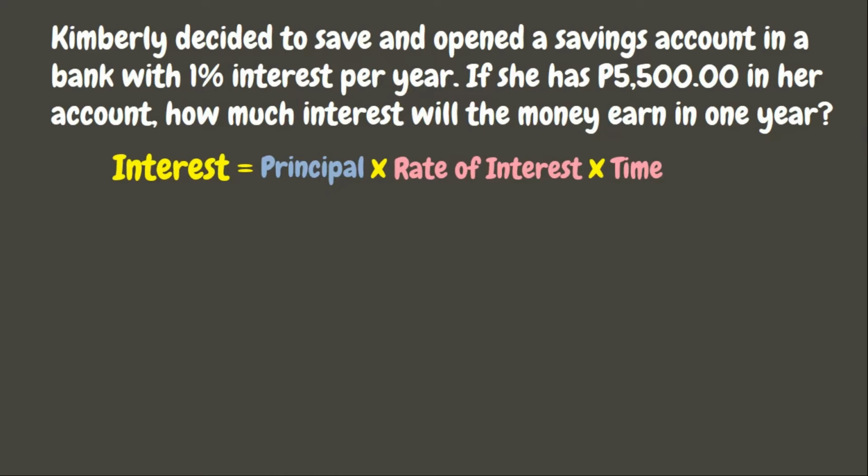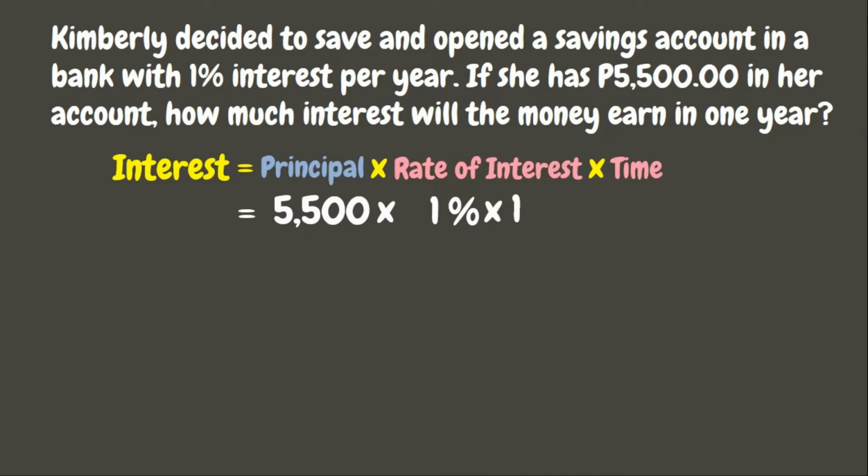Here, the total amount invested or saved in the bank account is 5,500 pesos, while the rate of interest is 1%, and the time is the length of time in years. Here, we are asked to determine the interest of the money in 1 year.